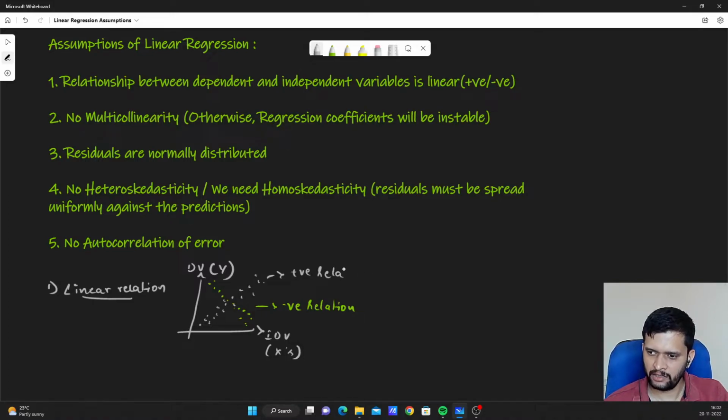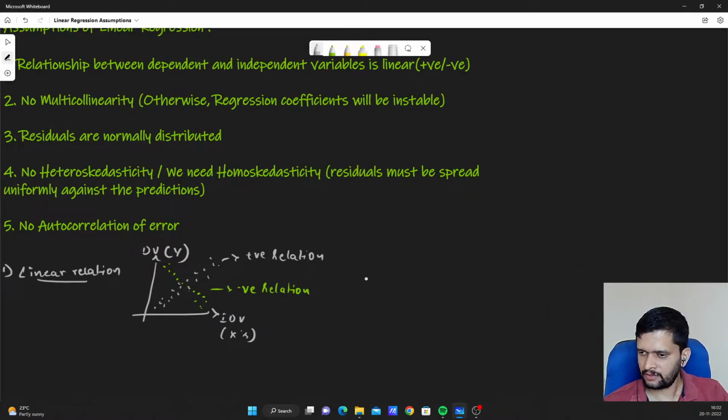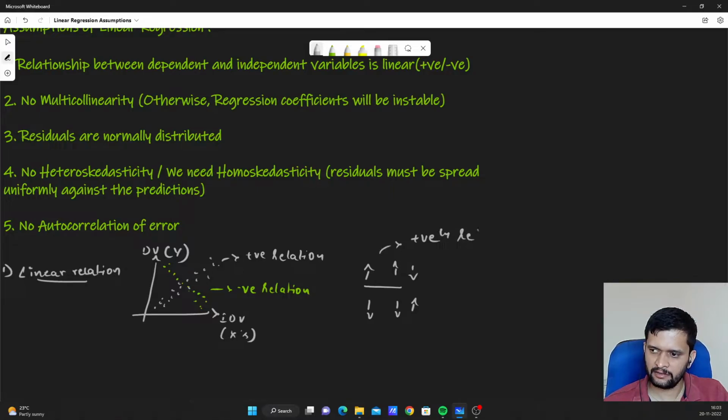Okay, positively linearly related. So in other terms, if our x increases, y should also either increase or decrease in some manner by some quantity, or if our x decreases, y should either decrease or increase by some quantity. Okay, if both increase, then we say that both are positively related.